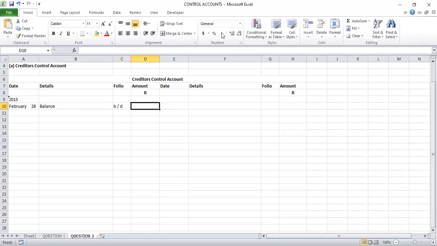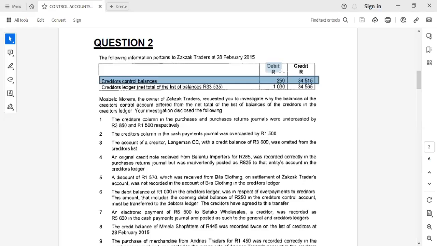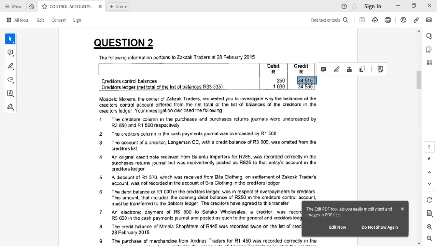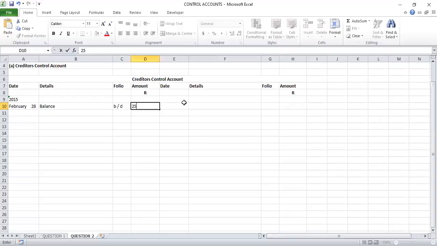What you will do, the one on the debit, you record it on the debit. The one on the credit, you record it on the credit. So this 250 will be on the debit and this 34 will be on the credit. Remember that we're not dealing with the creditors ledger. The creditors ledger contains individual accounts.